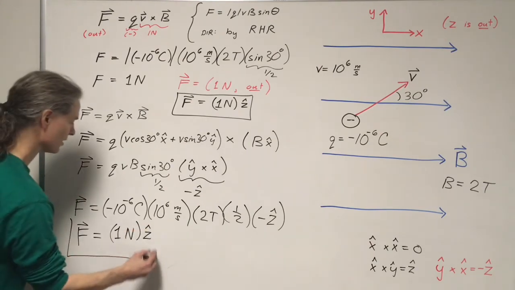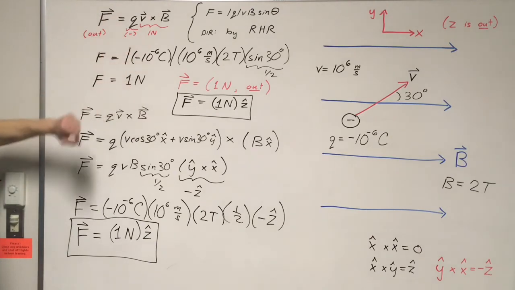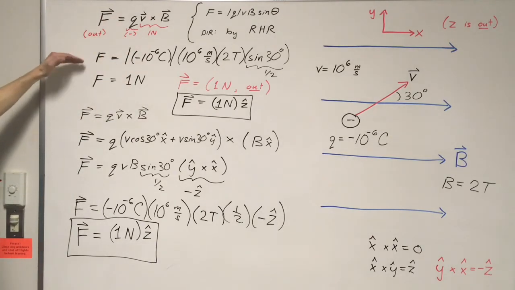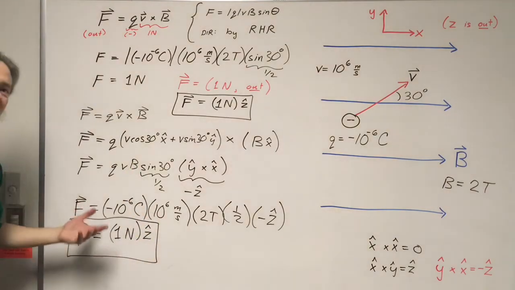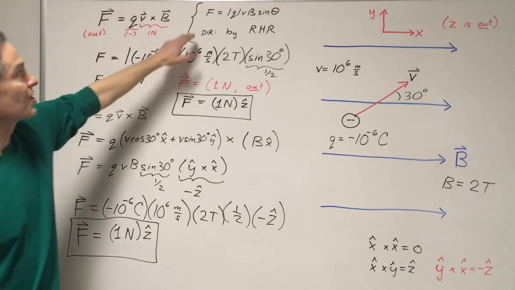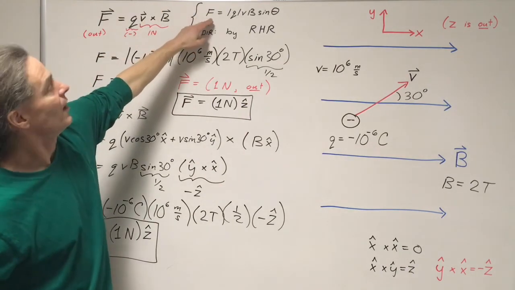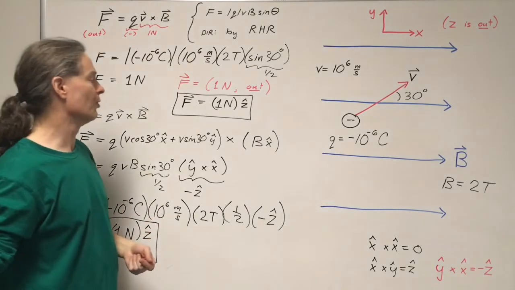And that agrees with the result we got by cranking through the magnitude and direction separately. So both ways are correct. They have to be correct. One way of looking at a cross product is to construct the magnitude separately and then work out the direction using the right-hand rule.